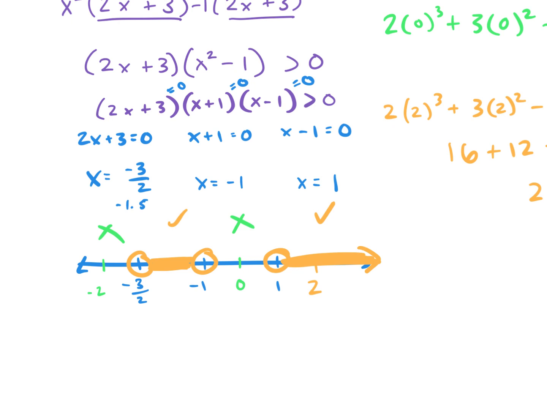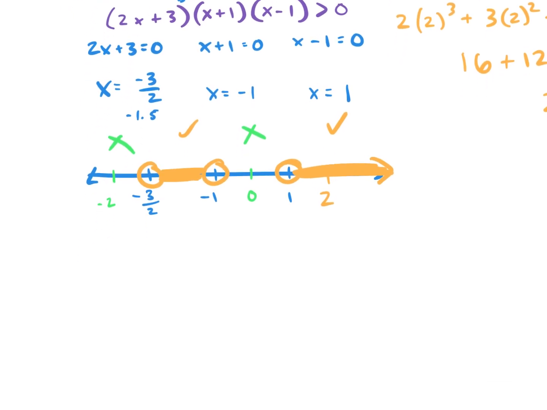Now we have to write our interval. We have 2 parts to our graph, so we know that we're going to have 2 intervals. What's my first one going to be? Do we start with a parentheses or bracket? Parentheses. And what's our smallest number that our graph hits here? Negative 3 over 2.